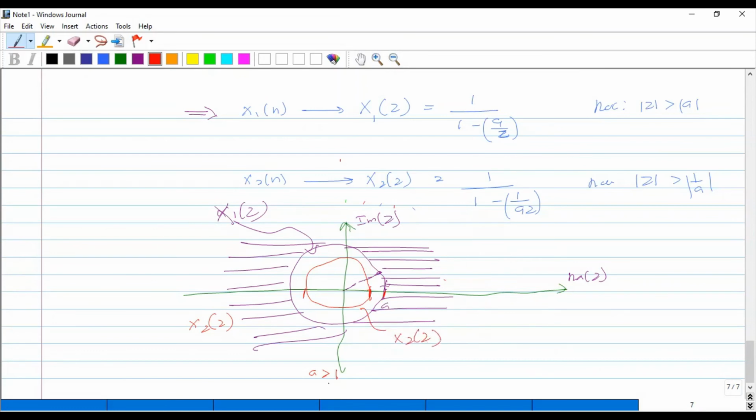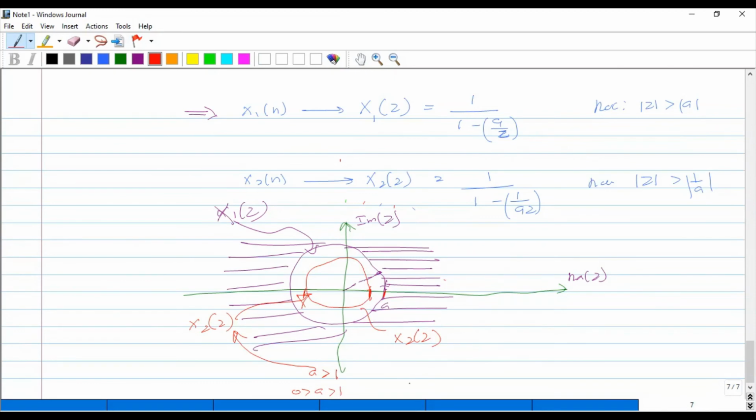But say that a is between 0 and 1. This is for this condition. Let's say a is a decimal value, 0.5, 0.3, 0.4, and so on.